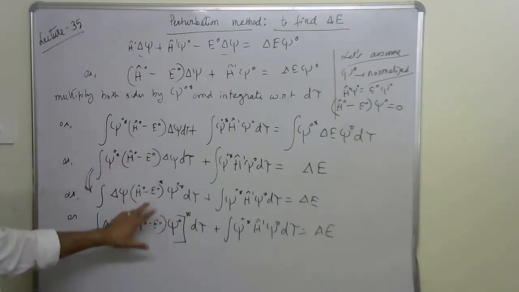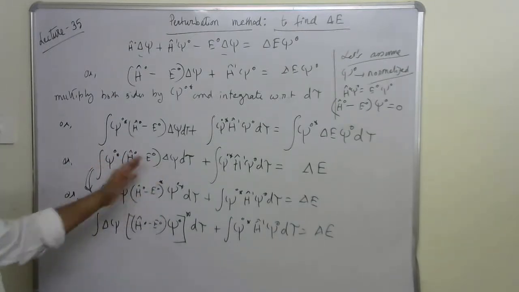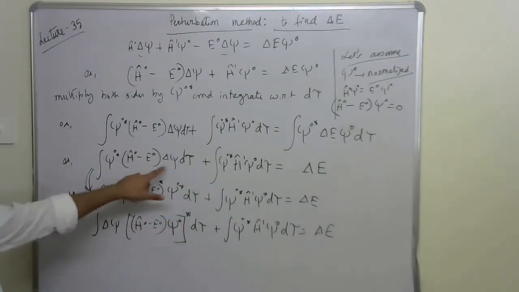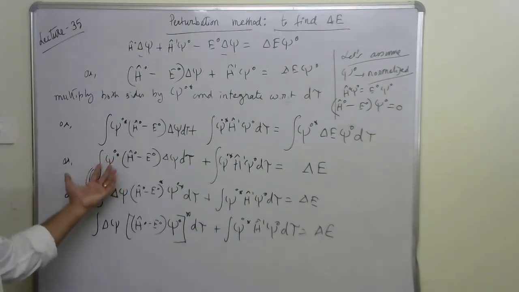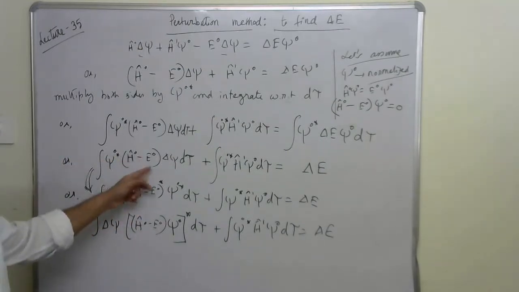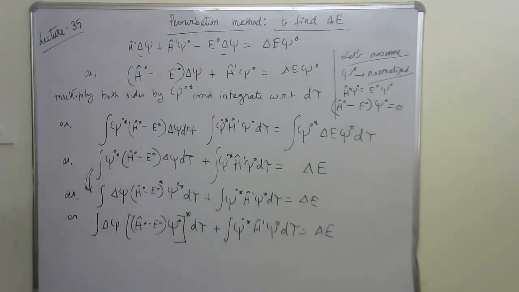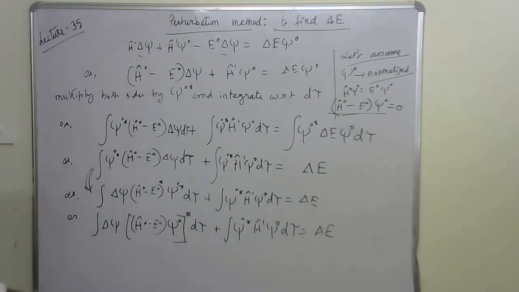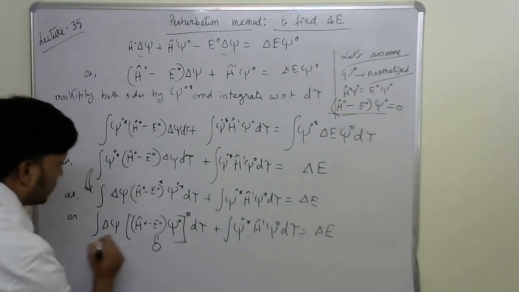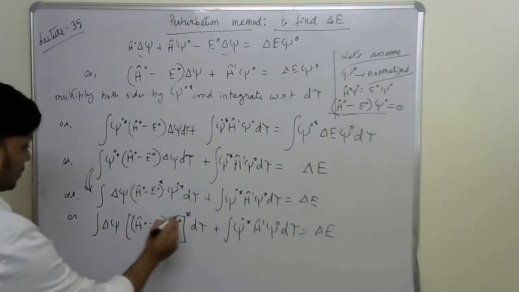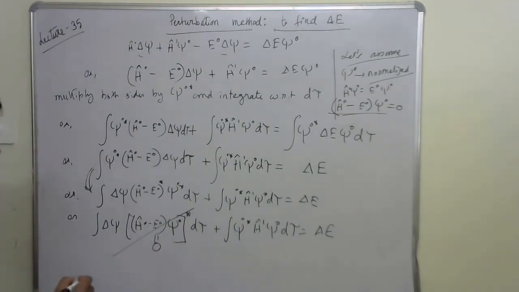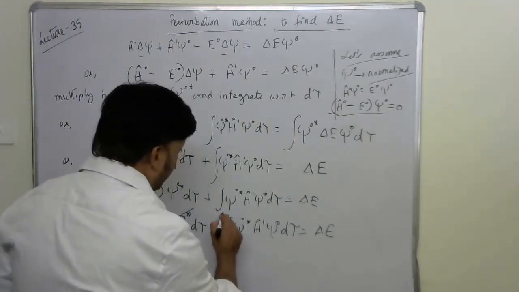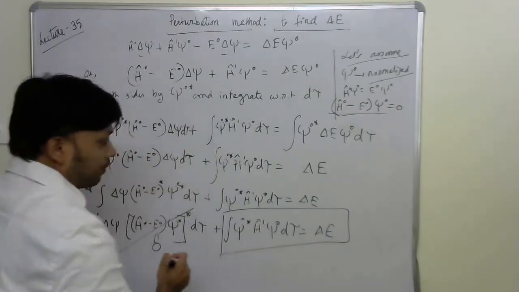Delta psi goes here, and this part gets operated on the psi naught star. We already have this part equal to 0, so this part then vanishes. If this vanishes, then we have the final value of delta E is equal to something like this.